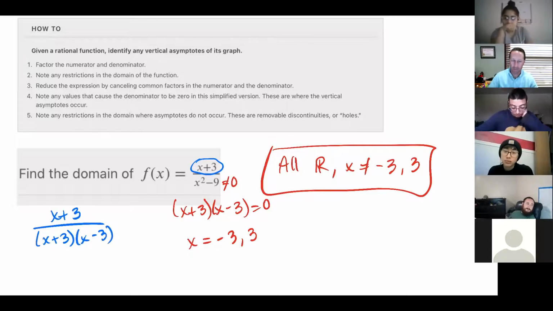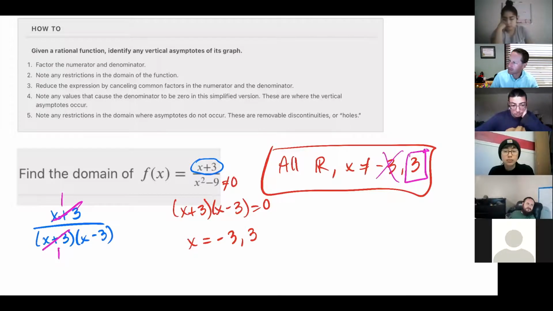Let's make it look simpler. And the only time we can do that is when we're multiplying. Because I know that x plus 3 over x plus 3, anything divided by itself is 1. And I know 1 times that will stay that. So if I can do this, does that mean I should only be listing the positive 3 and getting rid of the negative 3?